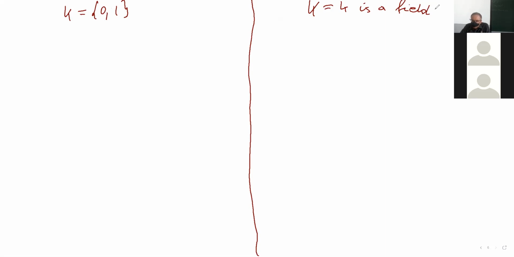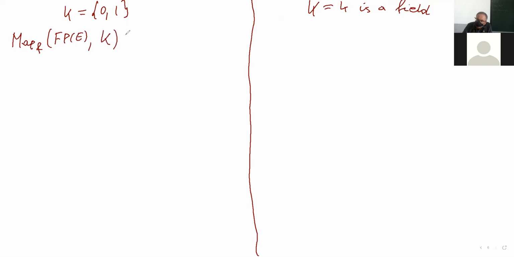So there is some common ground to this construction. Okay, and here, when K is just a two-element set, then I realize that the map F of, say, FPE, is the set, well, I mean, this still doesn't need to be a set of paths. It can be any set at this level.